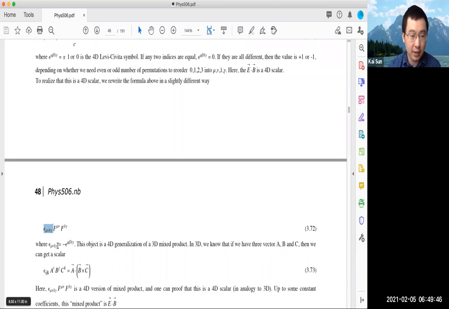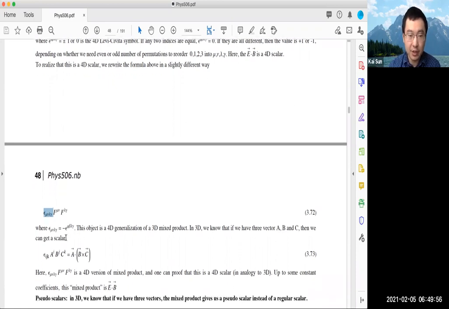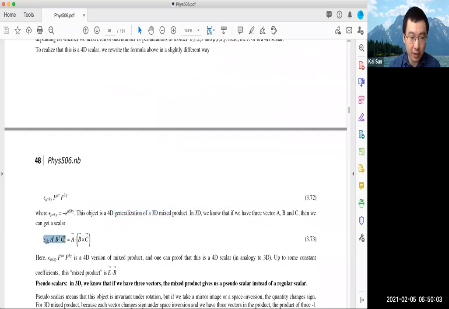The reason I want to mention that this formula is also E dot B is that it is a 4D generalization of the 3D mixed product. If we think about the 3D mixed product between three vectors A, B, C and write down its components, it looks very much the same as what we have here. In 3D, the Levi-Civita symbol has three indices, ijk, so we need three indices to match it.